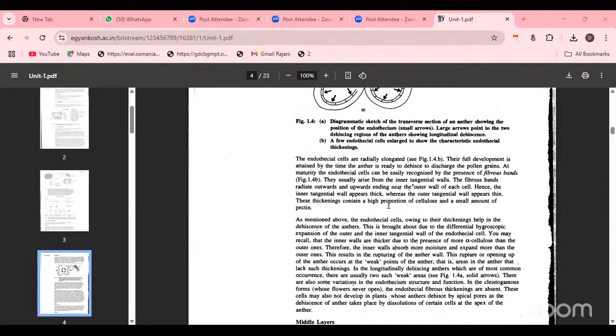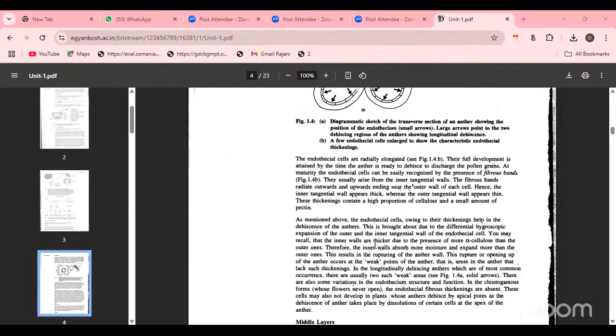As mentioned above, the endothelial cells, owing to their thickening, help in the dehiscence of the anther. This is brought about by the differential hygroscopic expansion of the outer and inner tangential walls of the endothelial cells.